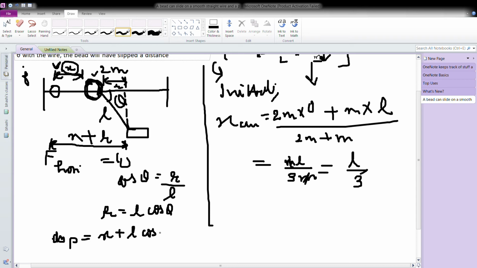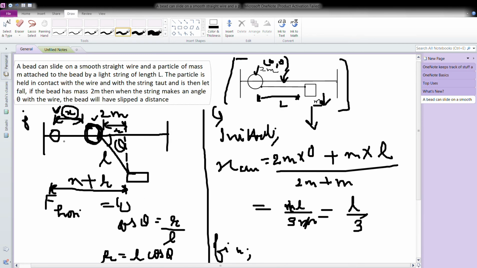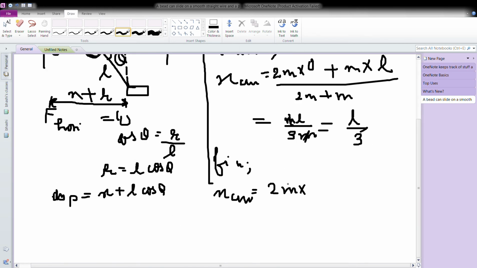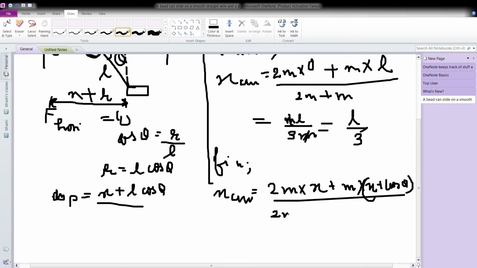So for the final position, let us write the center of mass. xcm is equal to 2m into the displacement of our bead, which is x, plus m into the displacement of our particle, which is x plus L cos theta, divided by 2m plus m.